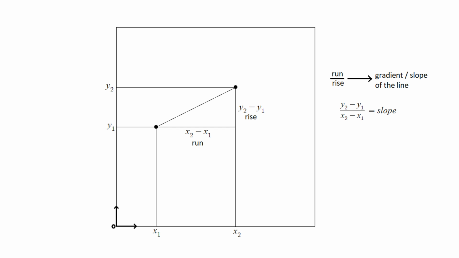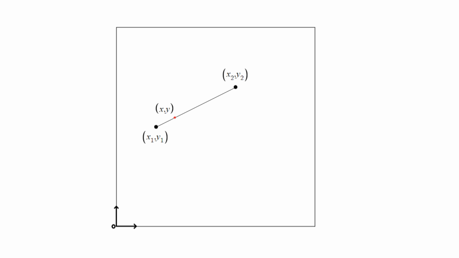We have a simple formula now to calculate the slope of the line if we know any 2 points on it. So now let's consider a point xy on the same line. It could be anywhere on the line, even before or beyond the 2 points between which the line is drawn. It should be no surprise that the slope of the line segment between x1, y1 and xy is the same as the slope of the line segment between xy and x2, y2.